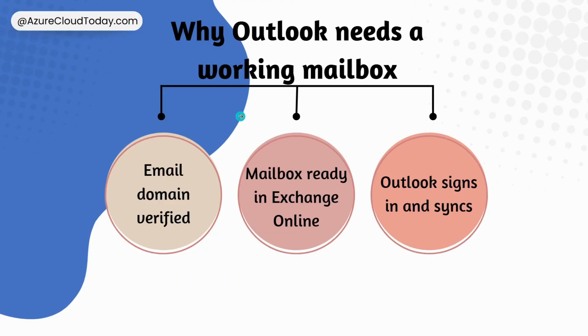Since Outlook is an app where mails arrive and leave, that is why we did set up and verified our AzureCloudToday.live domain and pointed its mail at Microsoft 365. Then we made sure that Microsoft Business Premium license is assigned to our user already, and due to this, the mailbox would be ready for the user to use.